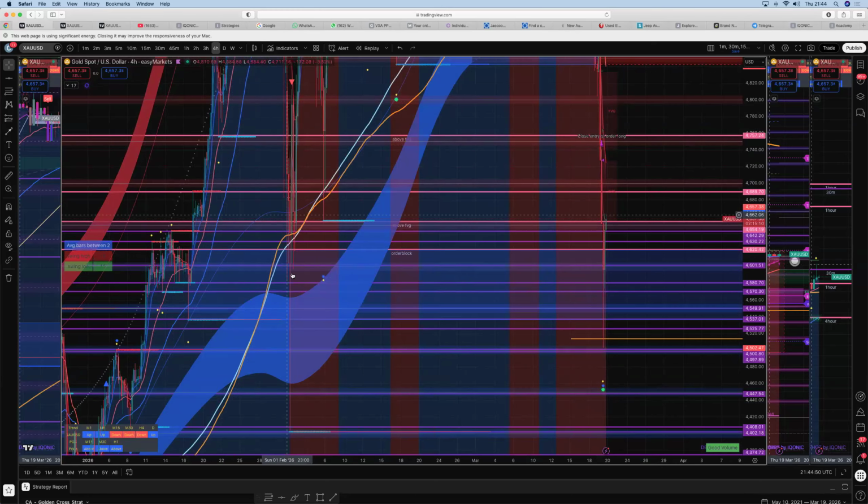Look at the size of that, right? I knew market was going to come to this zone, this zone, this zone, and this zone. My TP was smack bang on that purple zone, right?